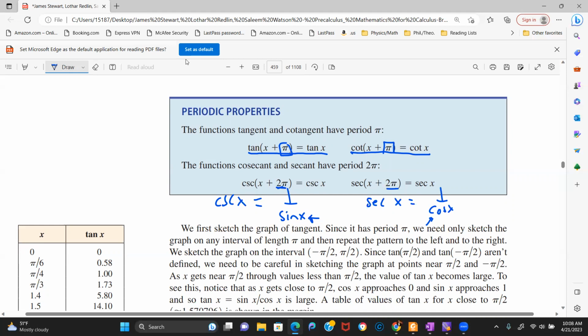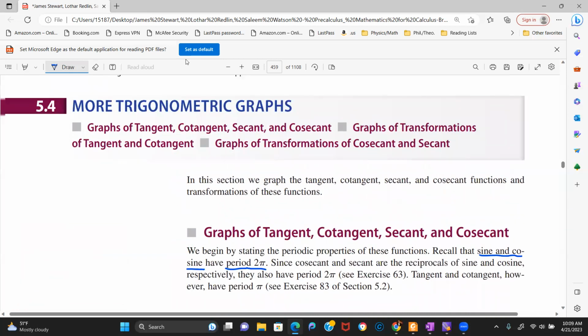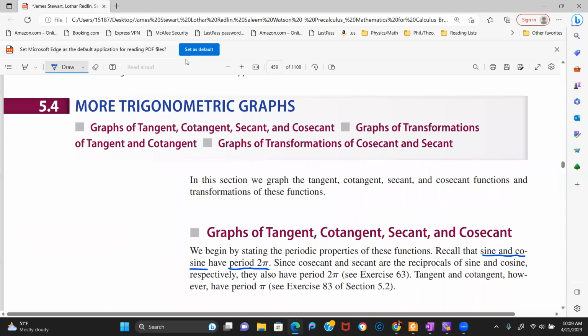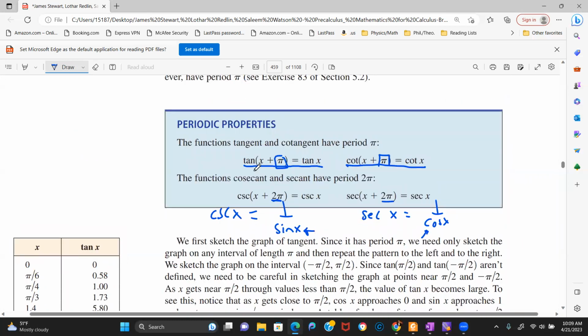So what that means is that when we want to determine the graph of tangent, which is the whole point of this section, this is 5.4, we're looking at the graphs of the rest of the trigonometric functions. This is going to simplify our lives.